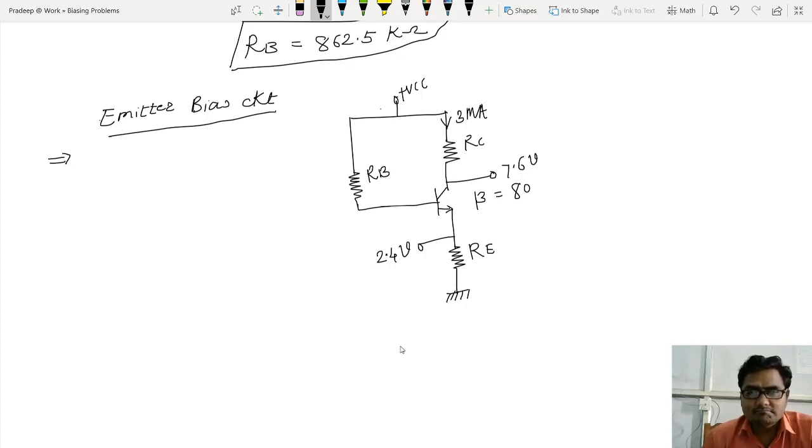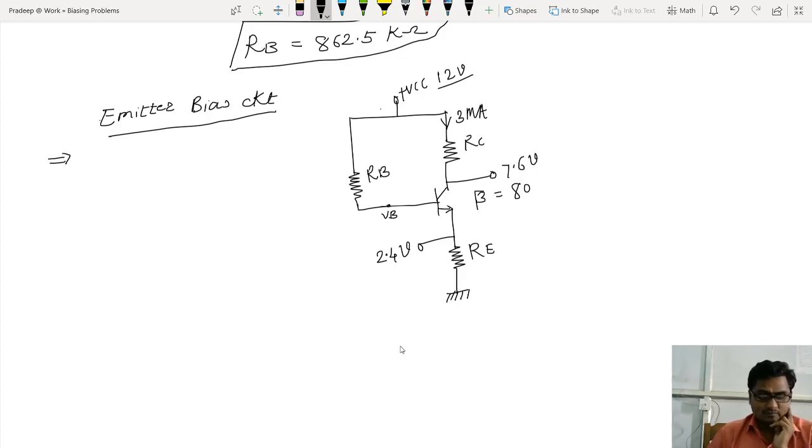The voltage at the base, VB, is not given. VCC is given, that is 12 volt. Beta, IC, emitter voltage 2.4 and collector voltage are all given.